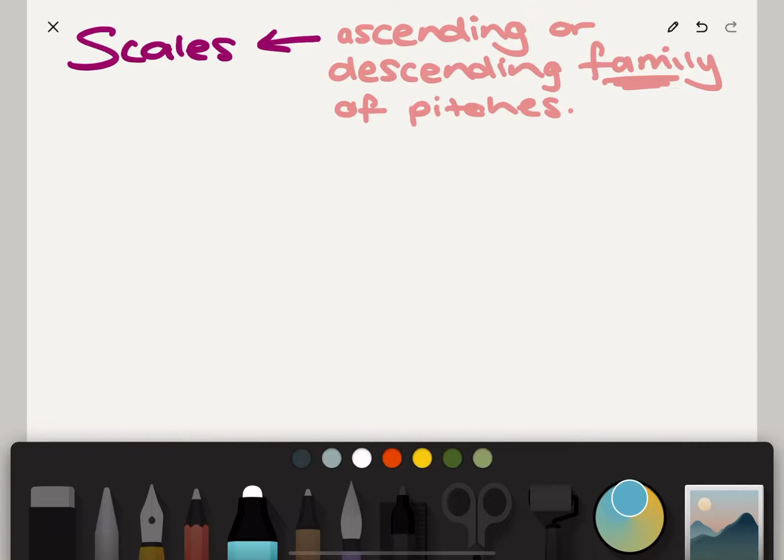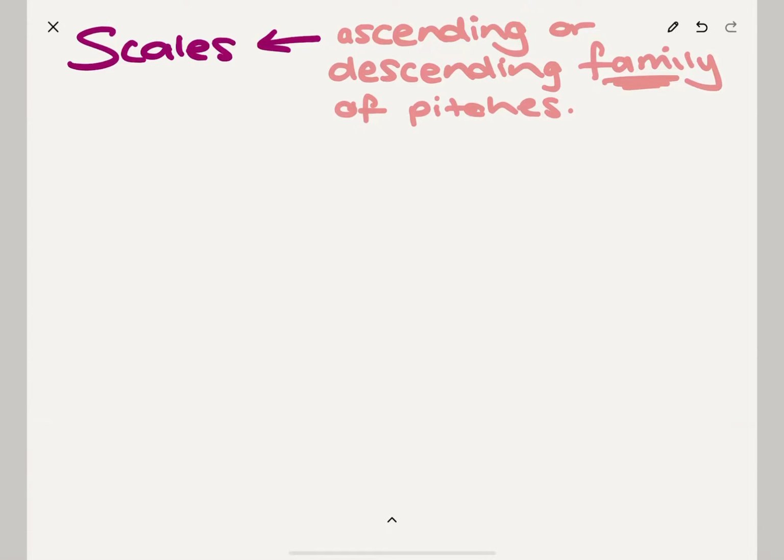So remember, thinking back to the musical alphabet and how I said C is like the most important letter ever, we're going to work with C scales. A scale is, like I said, ascending, meaning going up, or descending, meaning going down.